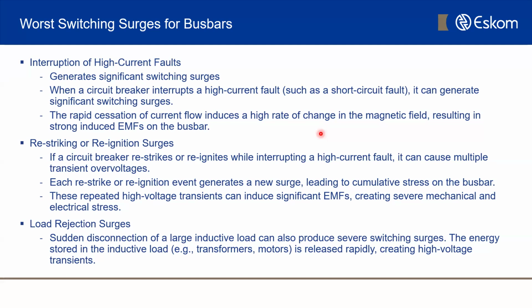And the last one, the load rejection surges. Like I mentioned, those are usually in transformers. If there's a sudden disconnection of a large inductive load, they can also produce severe switching surges. And these are less likely to occur. The one that happens more often is the restriking or reignition surges and the interruption of high current faults.